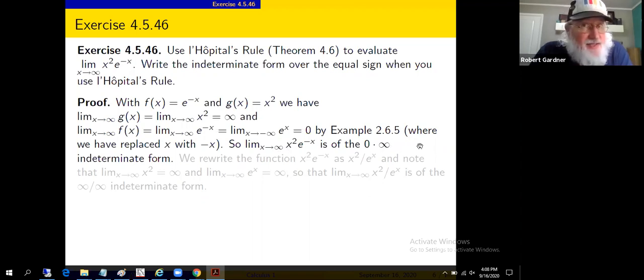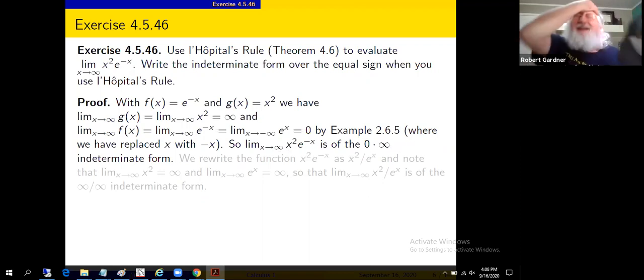Here's a way not to think: well, what is 0 times infinity? No, you don't do arithmetic with the infinity symbol. It doesn't make any sense to perform that as an arithmetic operation. Got it? That's not what we're doing. We're dealing with a limit.